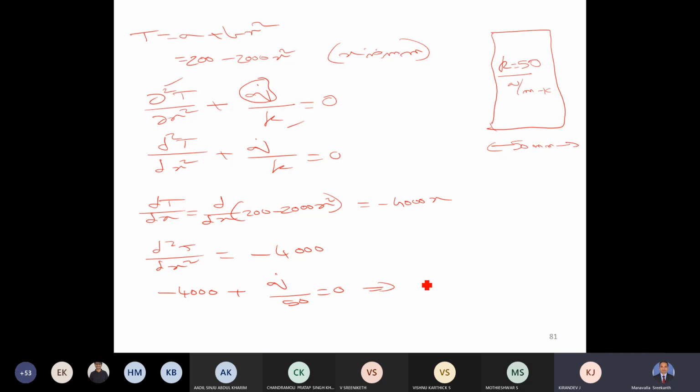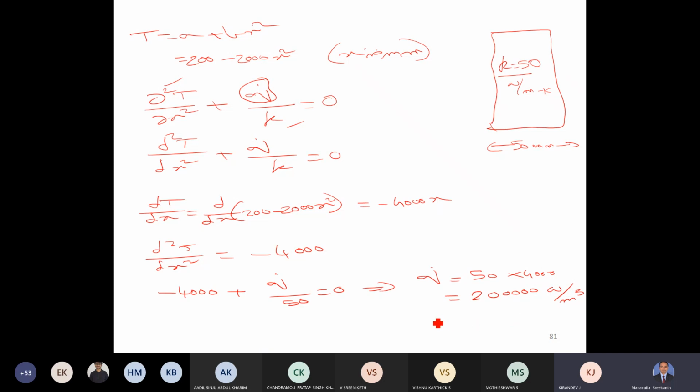So this implies q dot is equal to 50 multiplied by 4000, which is 200,000 watt per meter cube. Remember, this is the unit of heat generation.